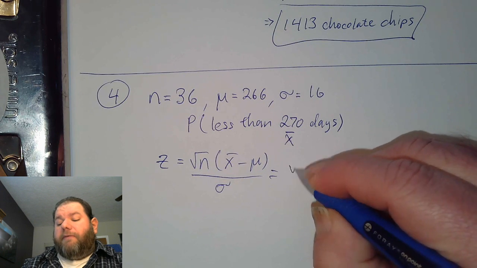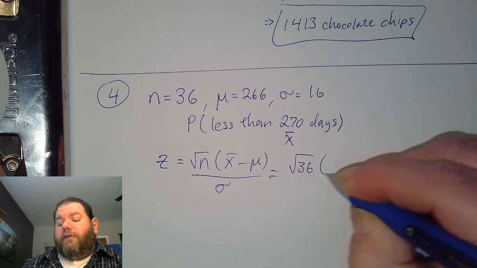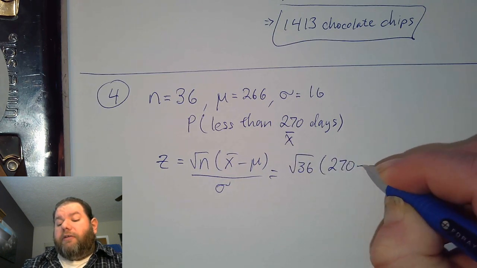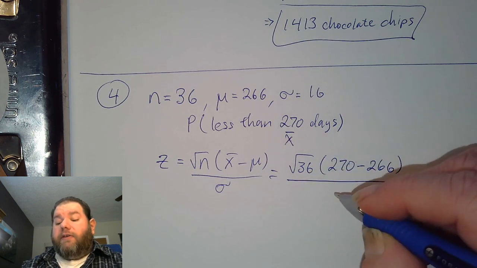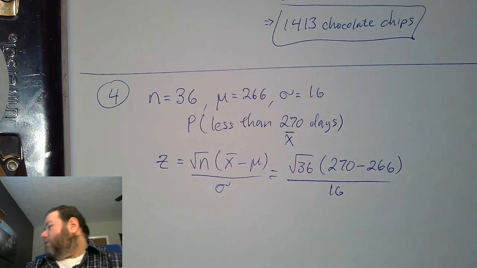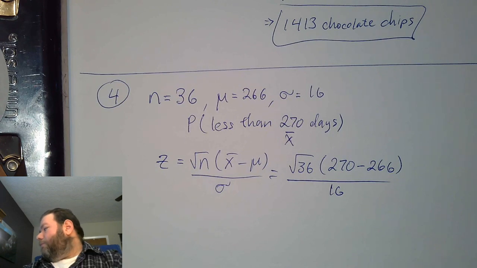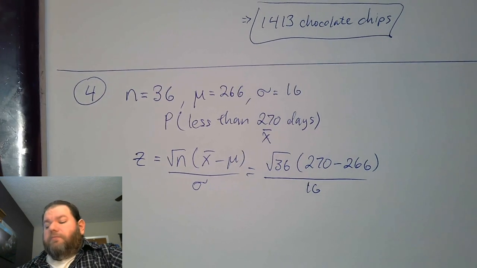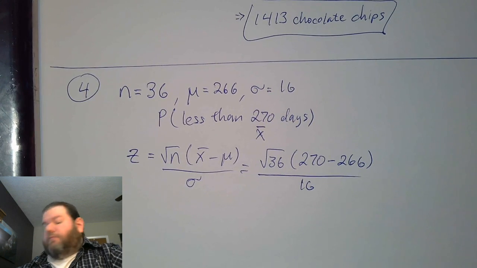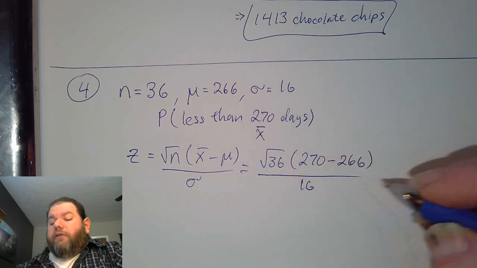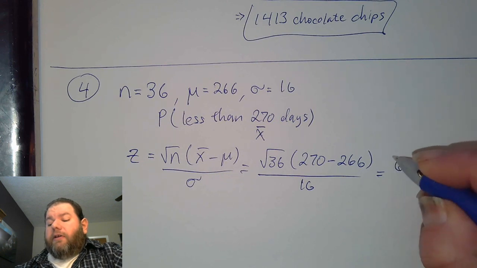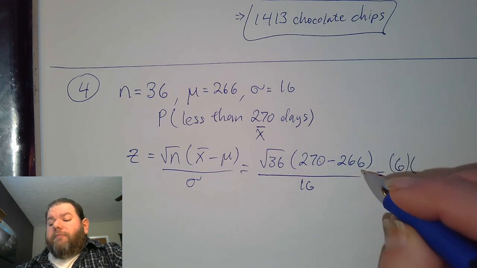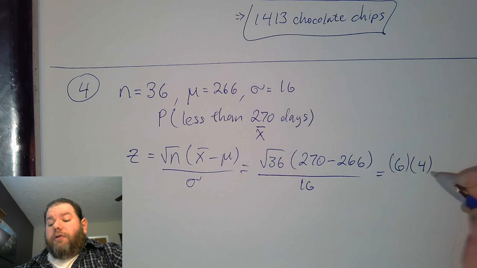So we plug in all of our values. We have the square root of 36, times 270 minus 266, and then 16 in the denominator. Square root of 36 is just 6. 270 minus 266 is 4.